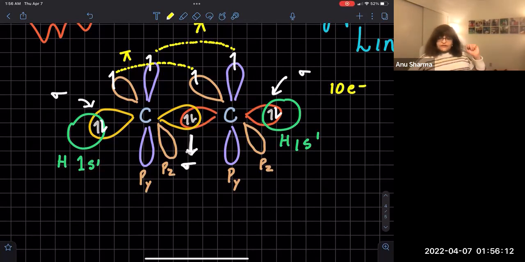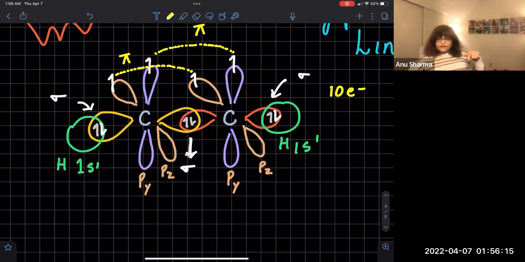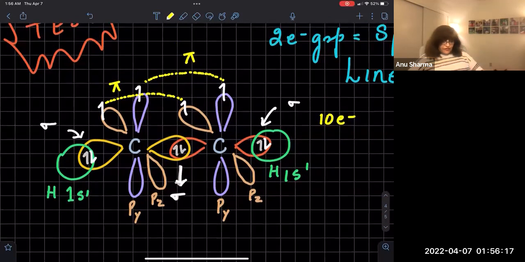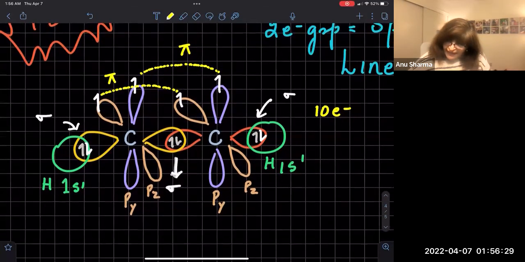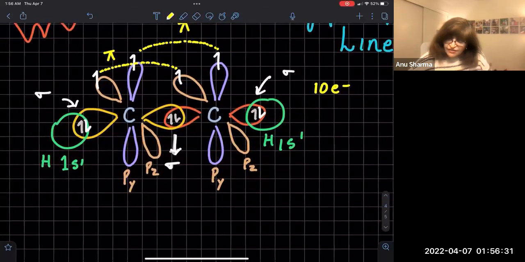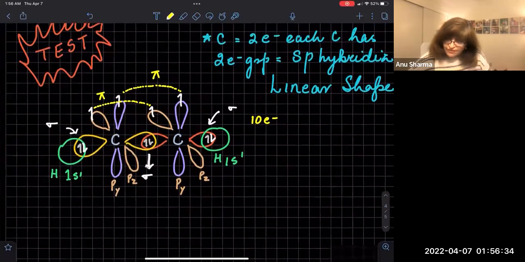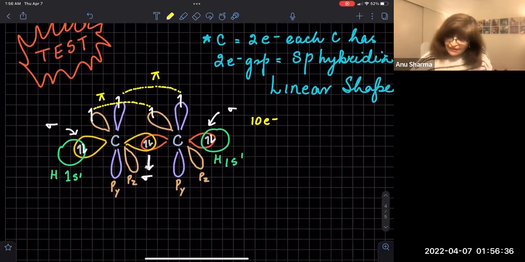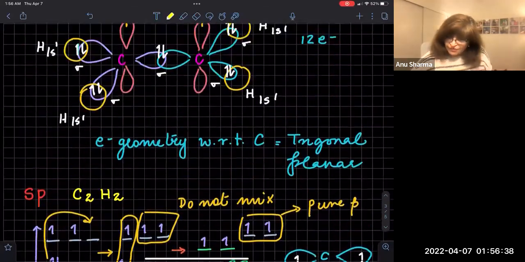We can see the sigma bonds, we can see the pi bonds between the carbons, and we can see the hydrogens with the carbons also. Okay, so that's the deal. And since it's linear, the shape is a linear shape.